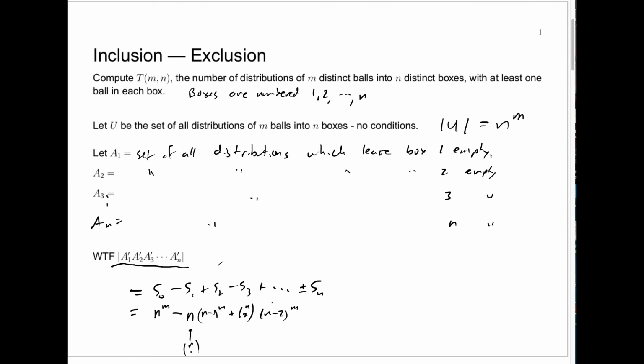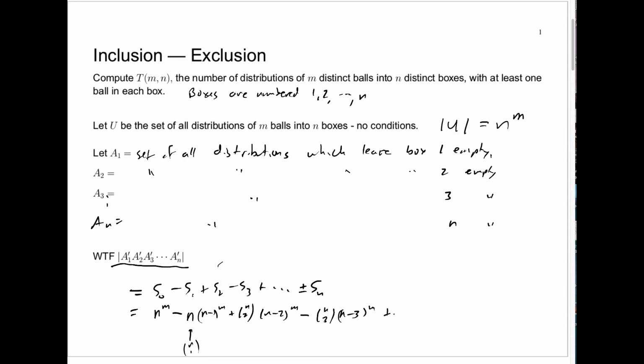And it should be pretty clear how this continues. For S3, we'll be taking intersections 3 at a time, so we'll have n choose 3 of them. Each one will consist of distributions of m balls into n minus 3 boxes, so I'll have (n minus 3) to the m.